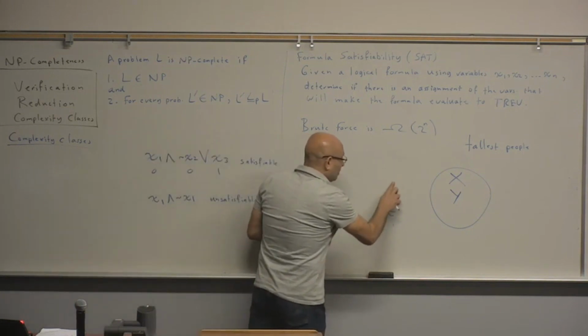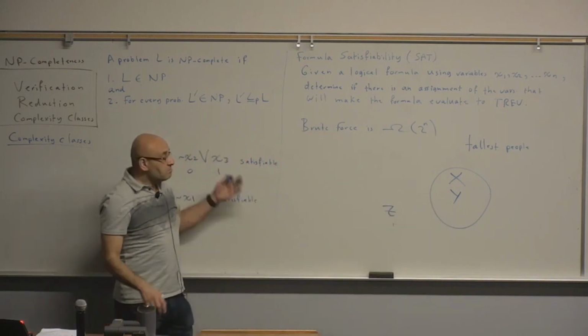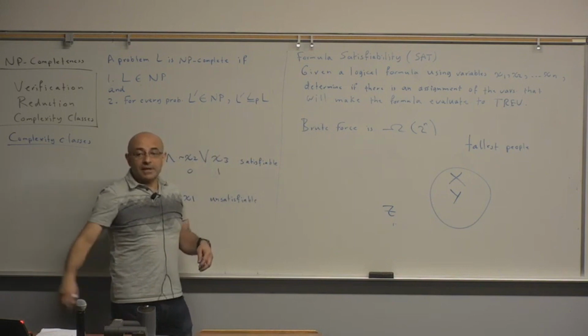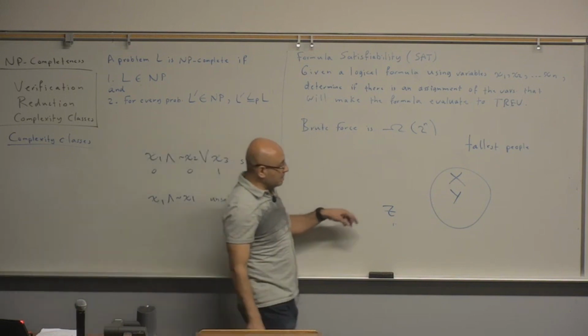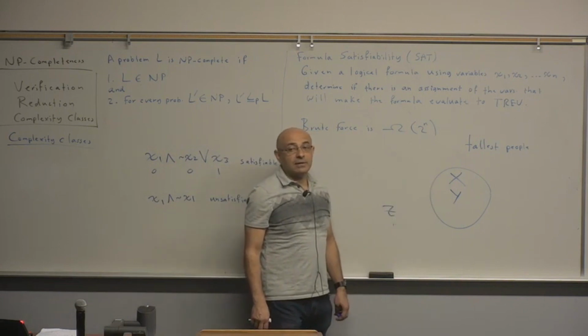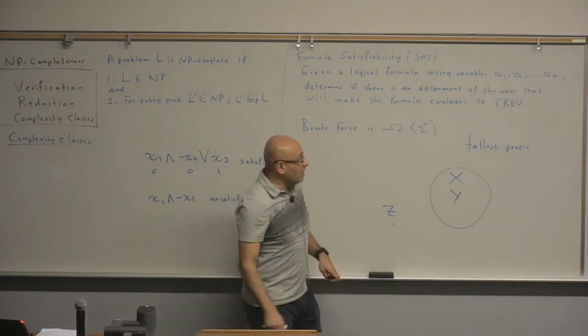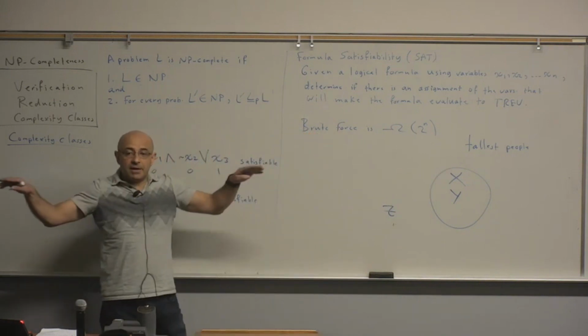then in order to accept person Z in the club, you don't have to compare Z with everyone. You just compare him with either X or Y, because these people are all at the same level of height. They're all of the same height.